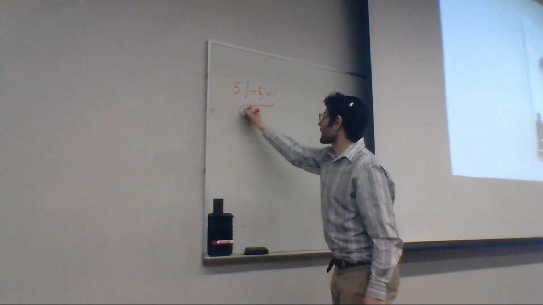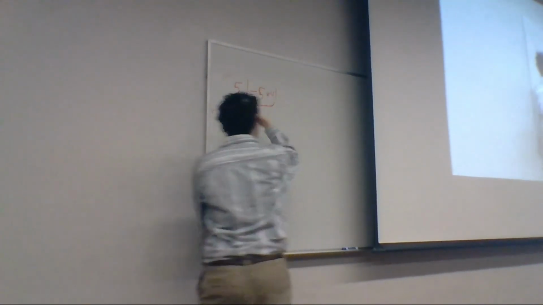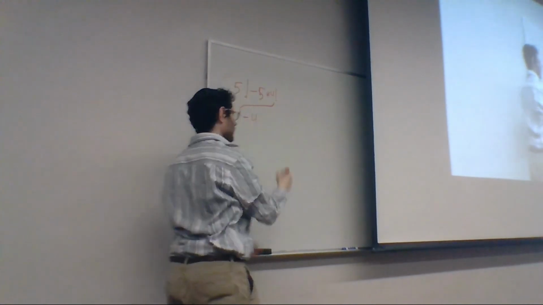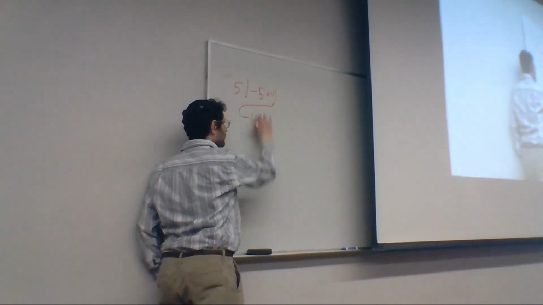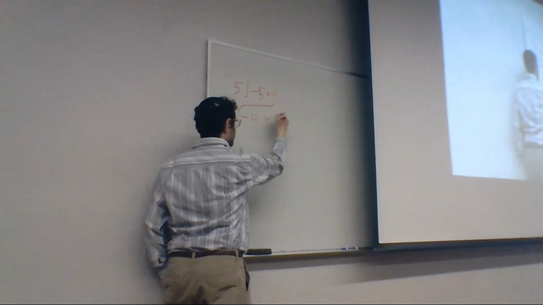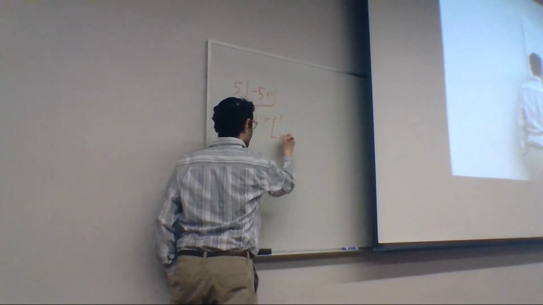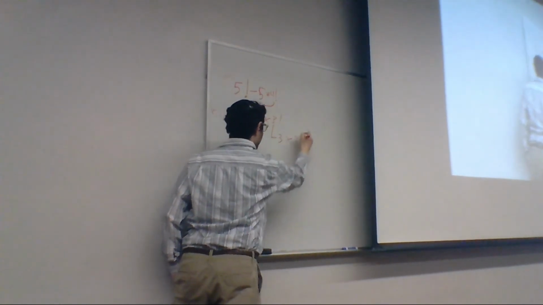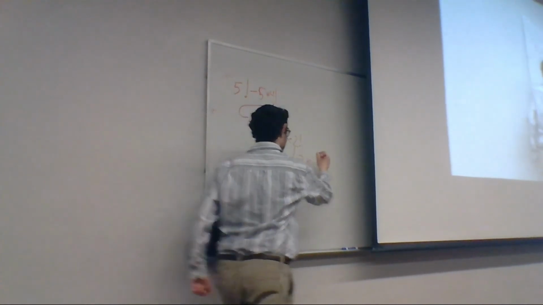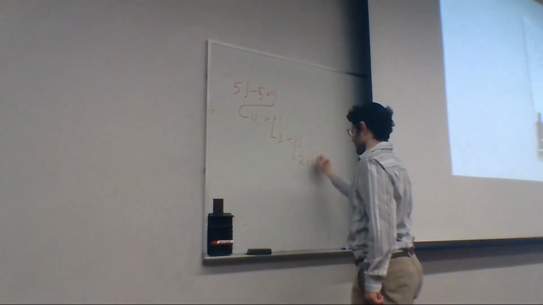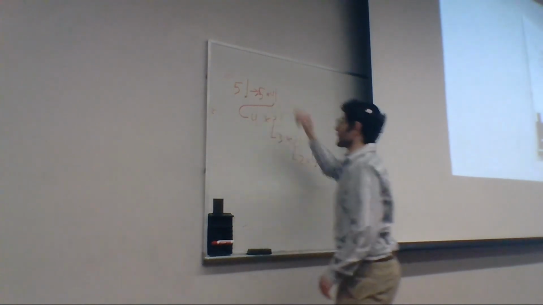And we look at 4 factorial. 4 factorial is 4 times 3 factorial, which is 3 times 2 factorial, which is 2 times 1 factorial, right?